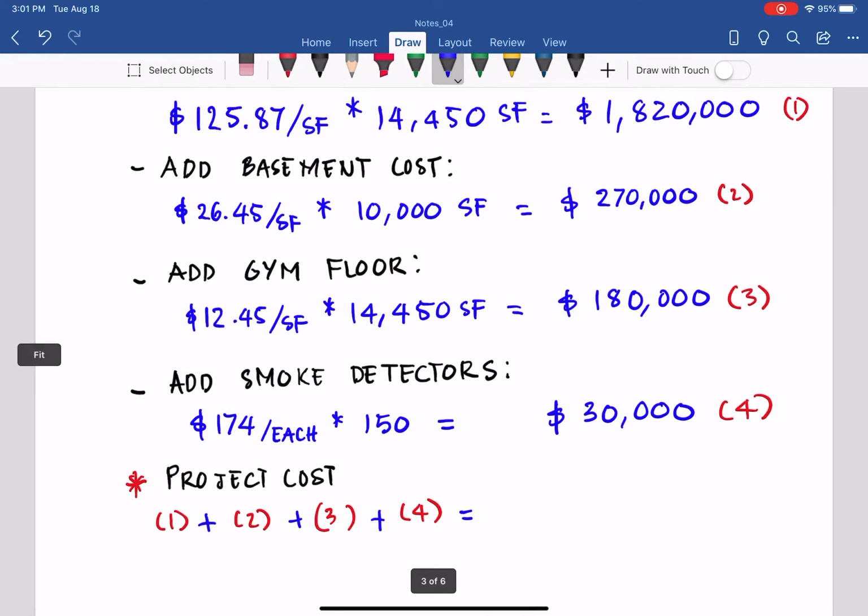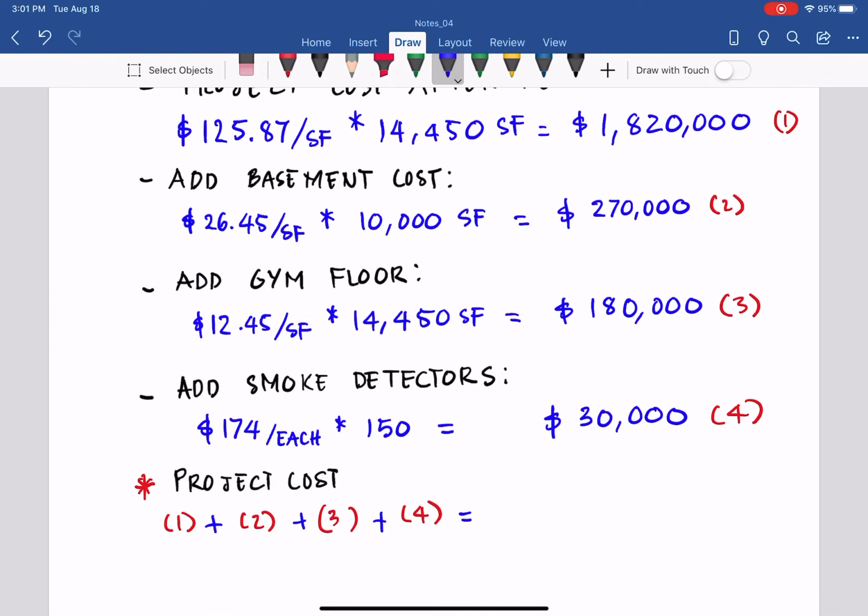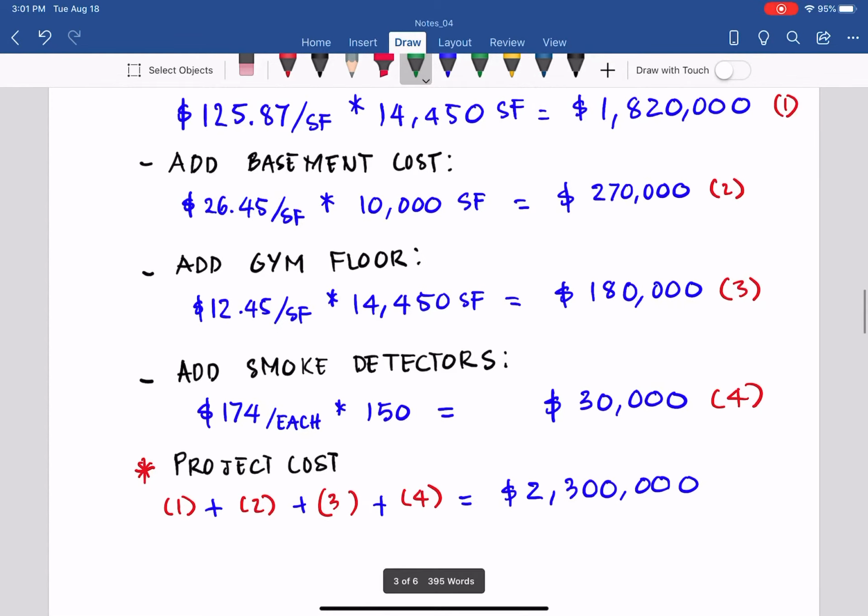Those 4 numbers, add them up, we get 2,300,000. And again, have we done with this yet? The answer is no. This is the national average. The cost based on the published data is the national average.